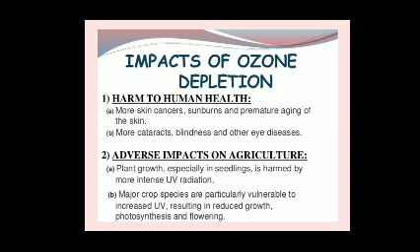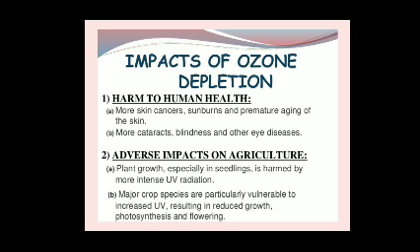In plants, growth, especially in seedlings, is hammered by more intense UV radiation. Major crop species are particularly vulnerable to increased UV, resulting in reduced growth, photosynthesis, and flowering.